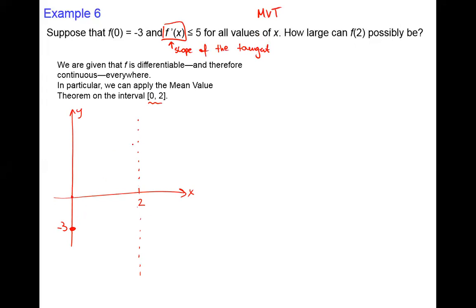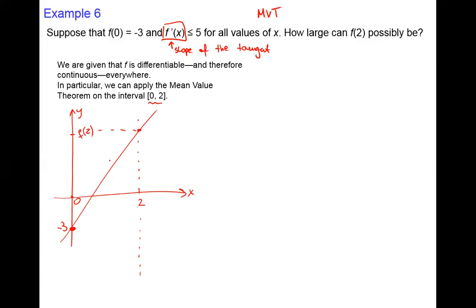That means I can say 5. That means I need slope 5 between the value at 0 and the value at 2. Let's say this. I don't know this value, but I know that the slope of this line is 5. Could be lower. That means this dot is the maximum value of f of 2.